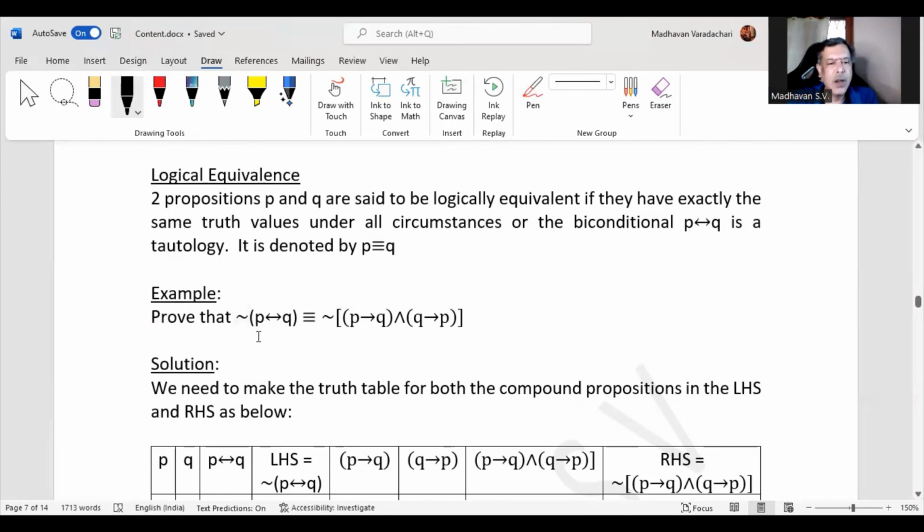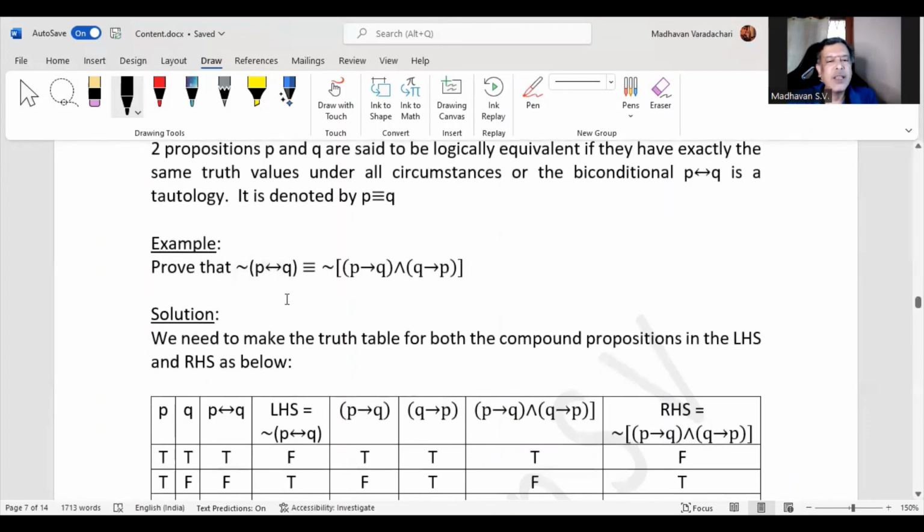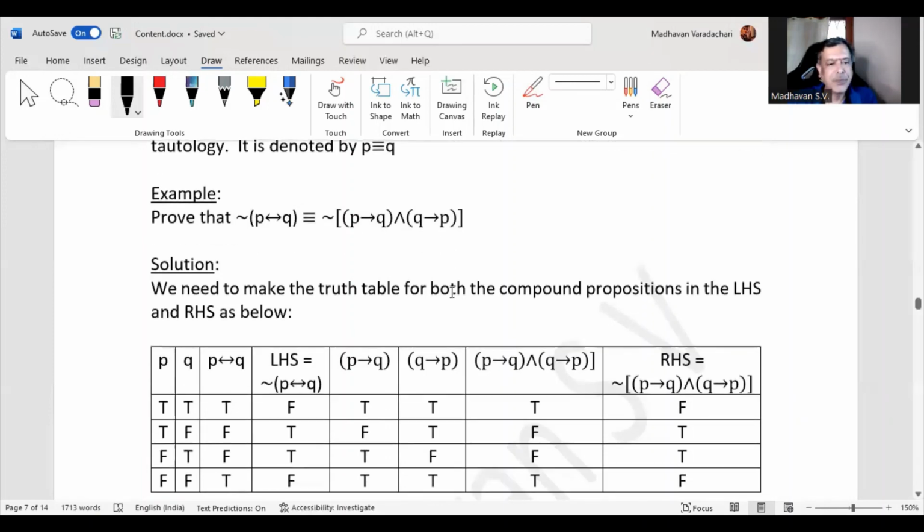Prove that not of P double implication Q is equivalent to not of P implies Q and Q implies P. First of all, we need to make the truth table for the left-hand side and for the right-hand side, and see whether finally the left-hand side and right-hand side values are exactly the same or not.